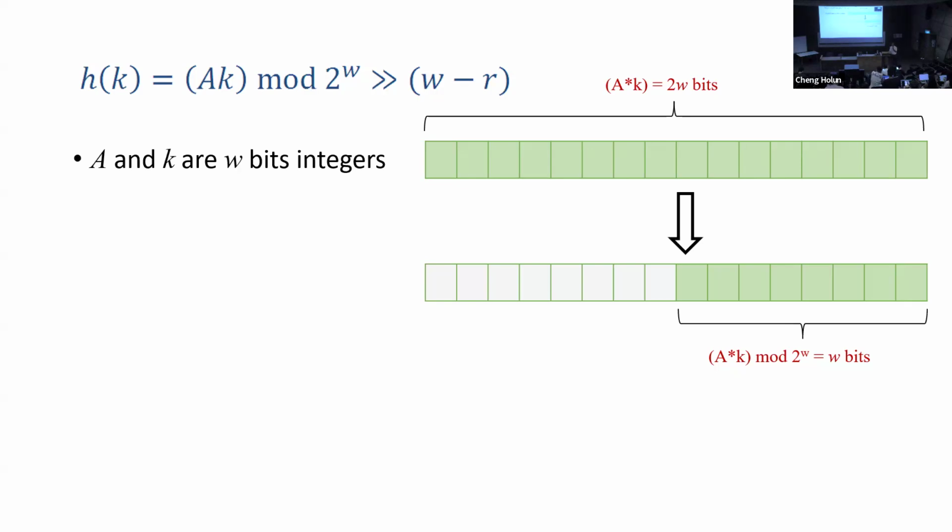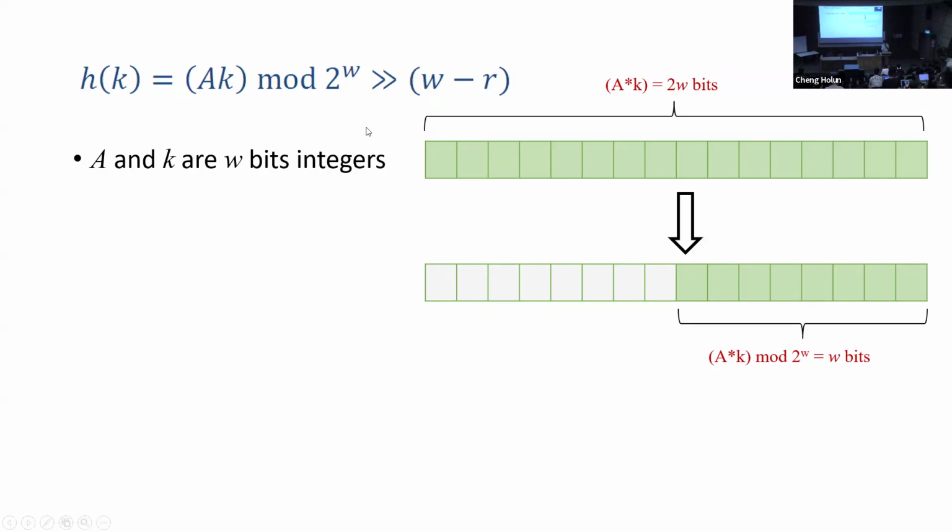So if you have a number 12345, what does it mean by modulo 1000? It means I only take the last three digits, which is 345. So this will truncate and keep only the last w bits.